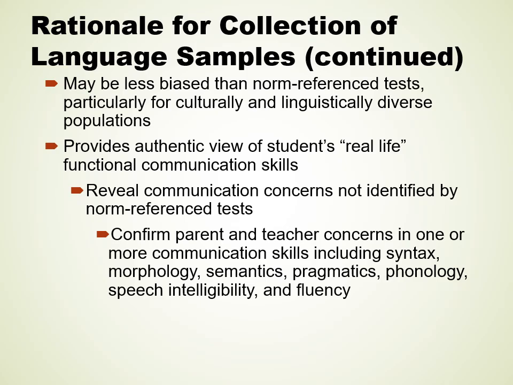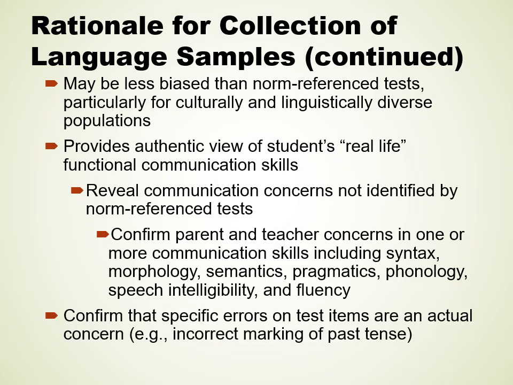And moreover, it can confirm parent and teacher concerns in one or more communication skill areas, including syntax, morphology, semantics, pragmatics, phonology, speech intelligibility, and fluency. And finally, language sampling can be used to confirm specific errors on test items from a norm reference test.